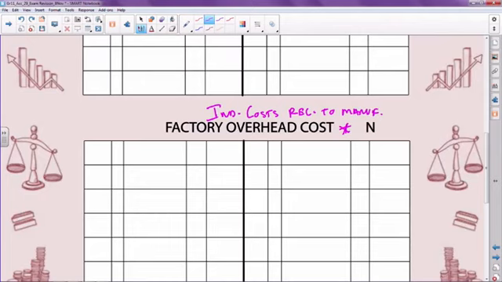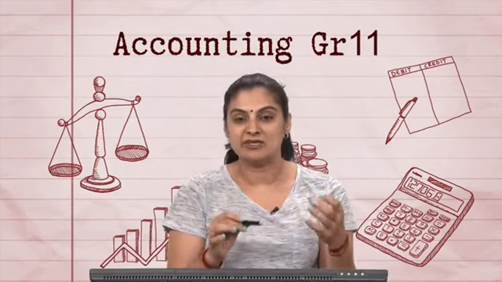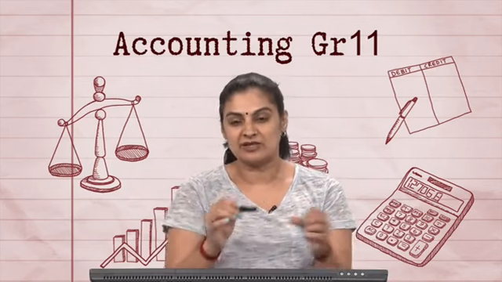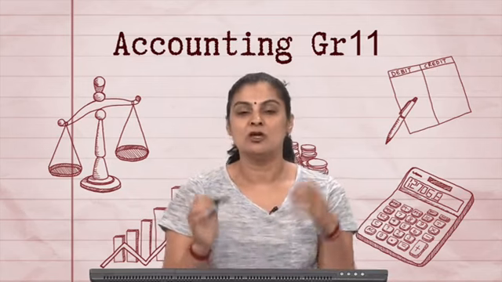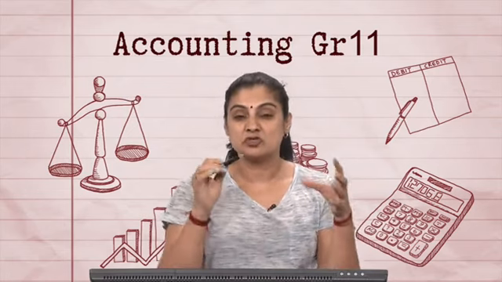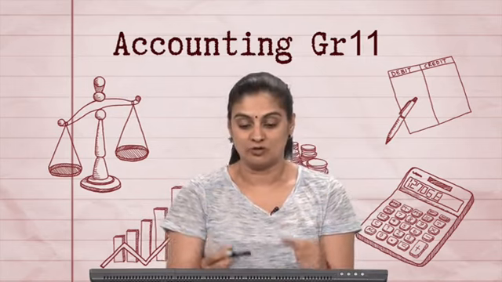What do we mean by factory overhead costs? All the indirect expenses relating to the manufacturing process. So what was the water and electricity used by the factory? What was the salary paid to the factory foreman? What was the insurance premium for the factory itself, and so on?